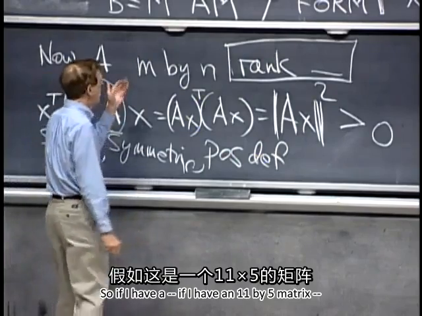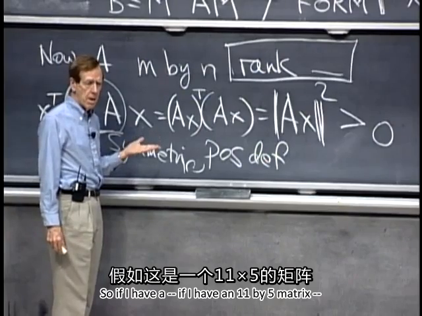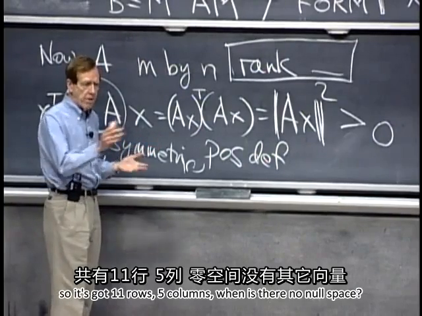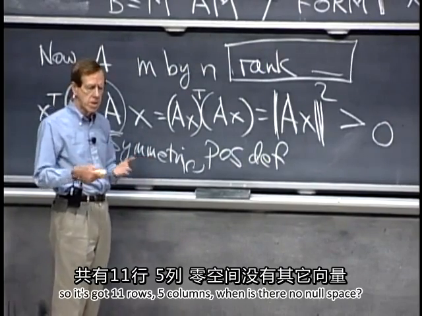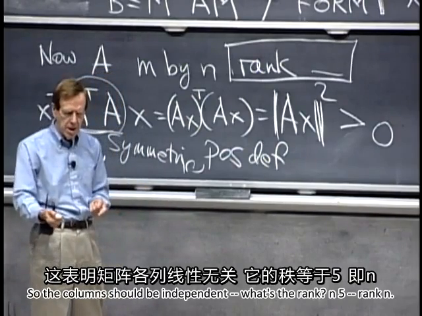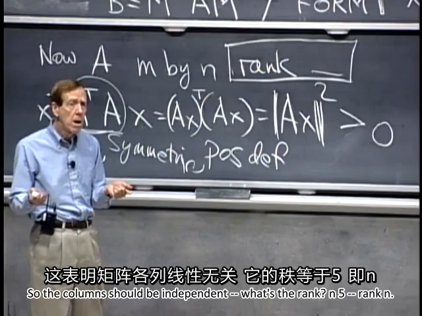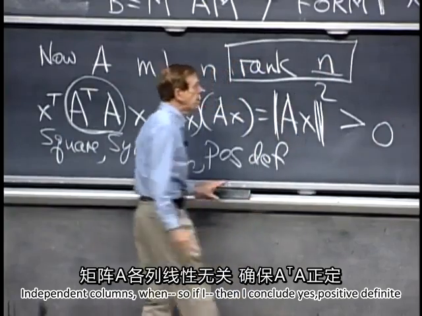So if I have an 11 by 5 matrix, so it's got 11 rows, 5 columns, when is there no null space? So the columns should be independent. What's the rank? N, 5. Rank n. Independent columns.